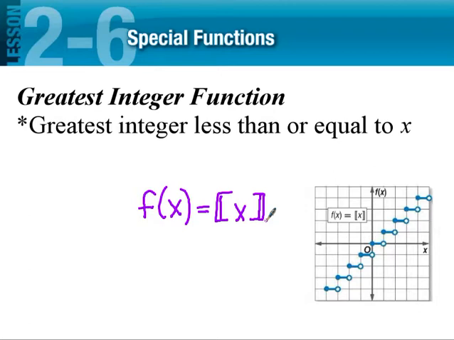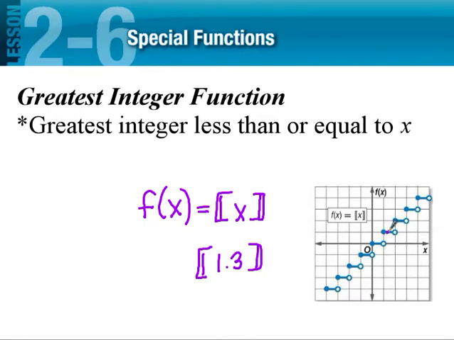What that means is that this is the greatest integer less than or equal to x. So if you had, for example, the number 1.3, what would be the greatest integer that's less than 1.3? It'd be 1, right? It's basically just like eliminating the decimal. And so that 1.3 would be located right here.